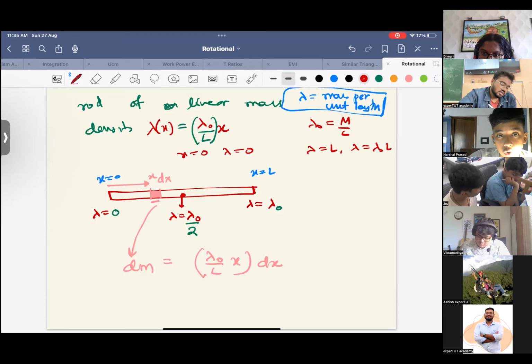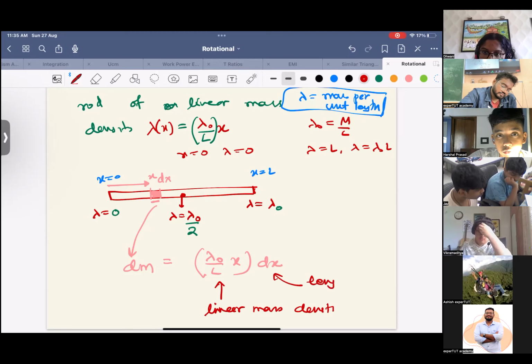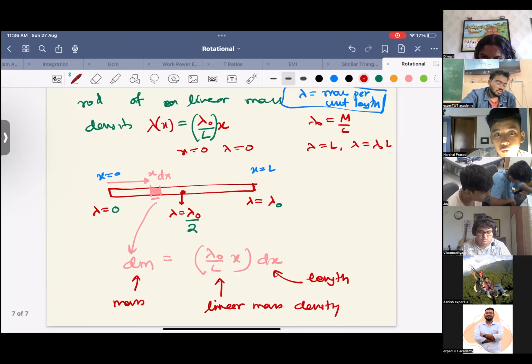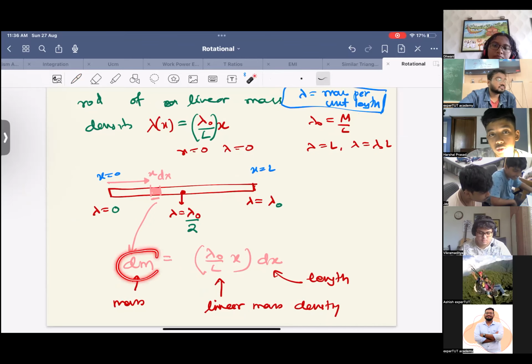Look again: this is linear mass density, this is length, and this is mass. Mass of this small pink element is linear mass density into length. Fine, okay? Have you understood this dm?